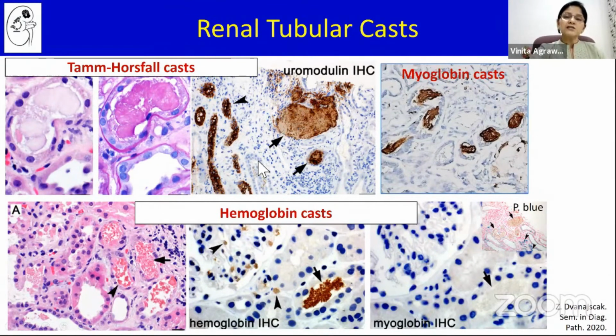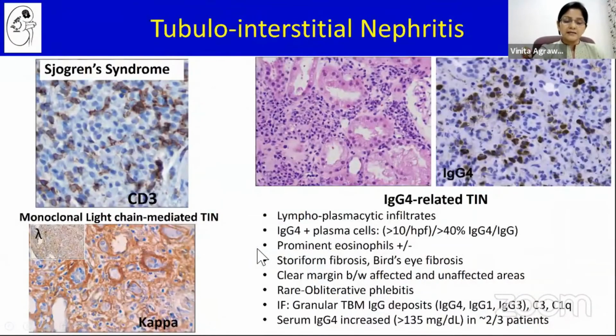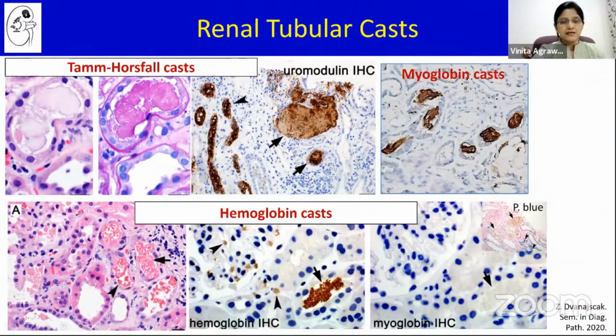The other application may be in myoglobin casts and hemoglobin casts, both of which need immunohistochemistry for their detection. Just to make a point, that Prussian blue stain for iron is not helpful in making a diagnosis of hemoglobin cast nephropathy, because it occurs with intravascular hemolysis, and it is really important to make this diagnosis. The RBCs act as internal control, and they give a very faint, weak staining.